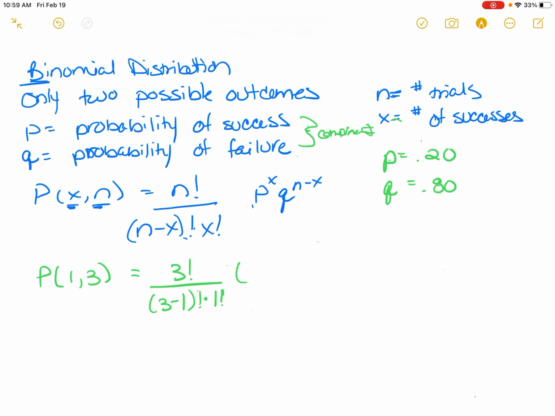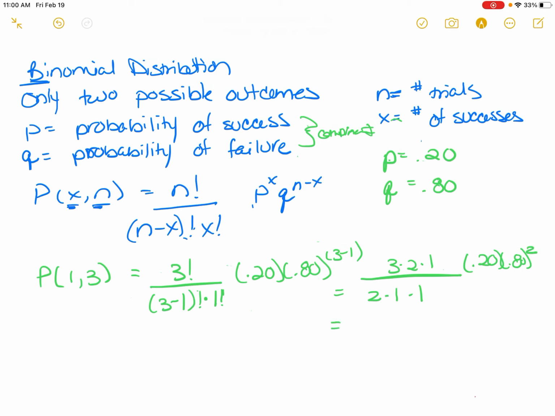And then that is multiplied by 0.20, and then that'd be 0.80 to the 3 minus 1 power, right? So this is all equal to 3 times 2 times 1, because that's the factorial, over 2 times 1 times 1, and that's multiplied by 0.20 times 0.80 squared.